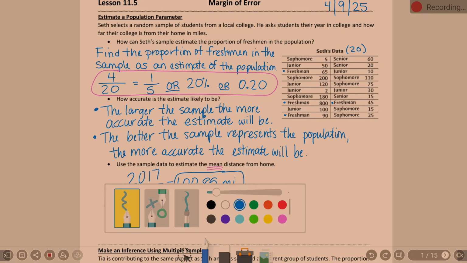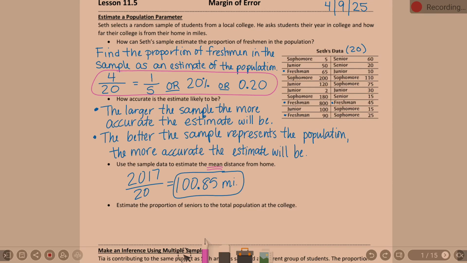What do you know? Do we agree? So, there's 3 seniors. Is 3 my answer?